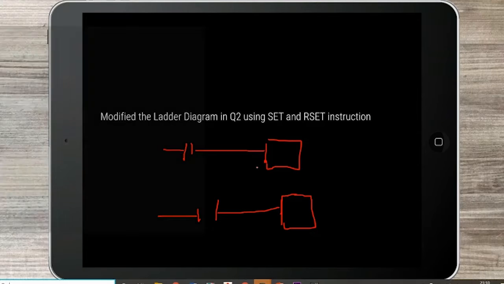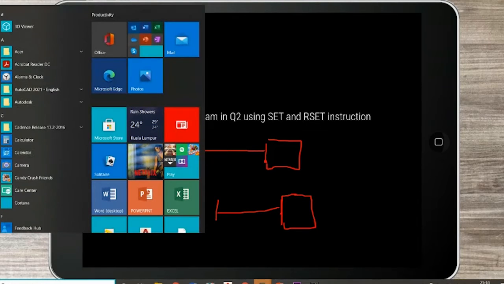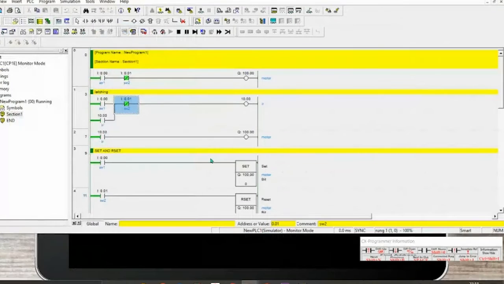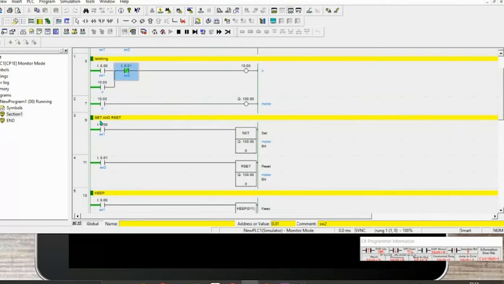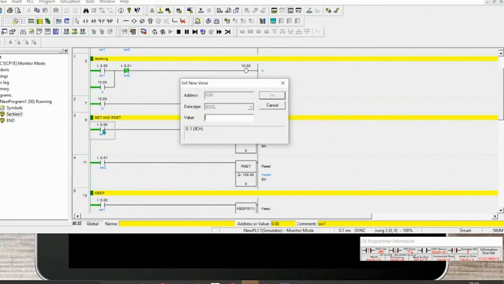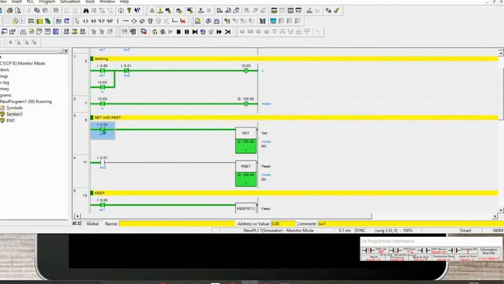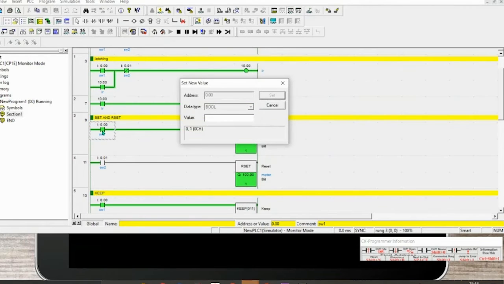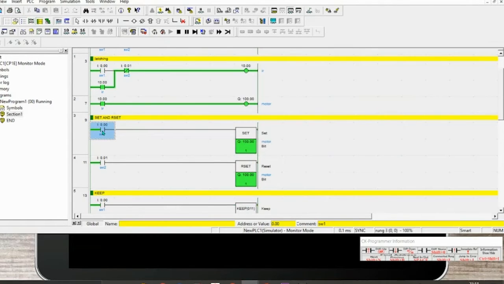Okay, kita akan pergi terus kepada CX Programmer kita. Kalau anda dapat lihat di bahagian set dan reset ni, saya letak switch button 1 dan switch button 2 seperti yang diberi oleh soalan. Start button, stop button. Bila saya tekan start button, motor itu akan berfungsi, dan bila saya lepaskan balik start button ni, motor still berjalan.